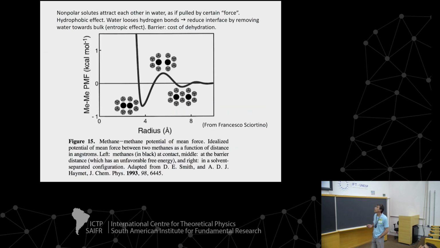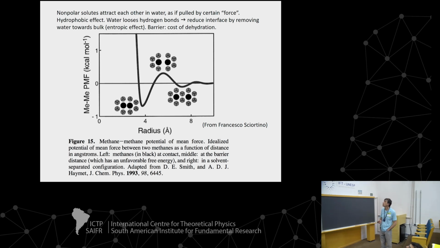Okay. This is the same slide I showed before. For example, we have two small hydrophobic molecules here. These two molecules would like to be together and release two water molecules, but this has a cost. You have hydration here, and this hydration could be negative.